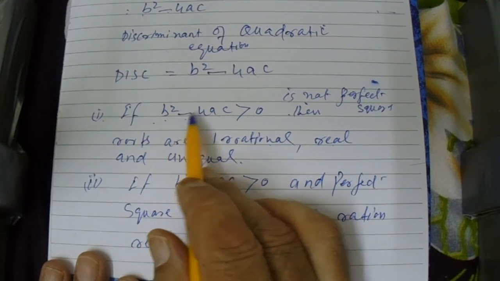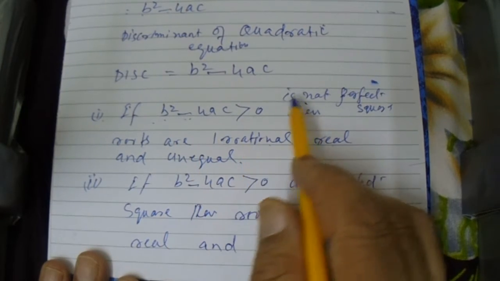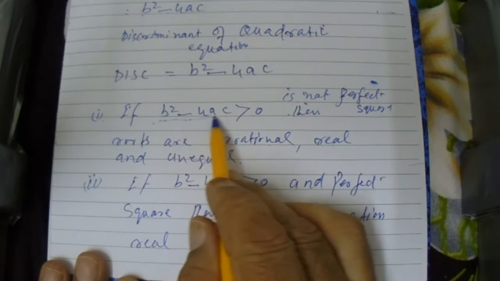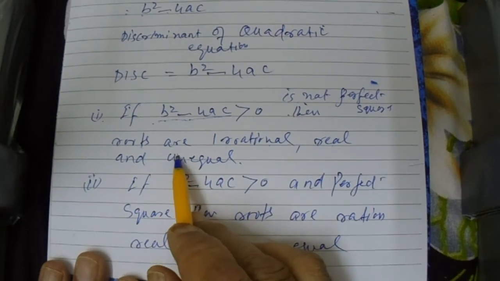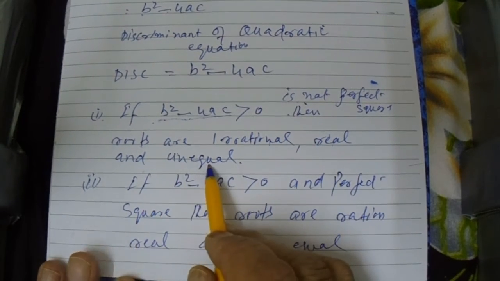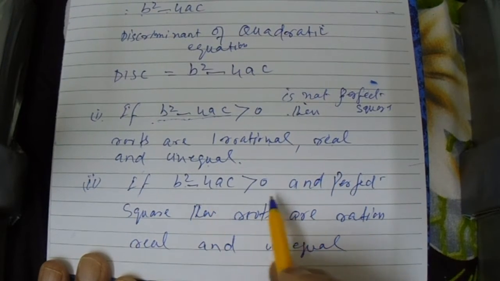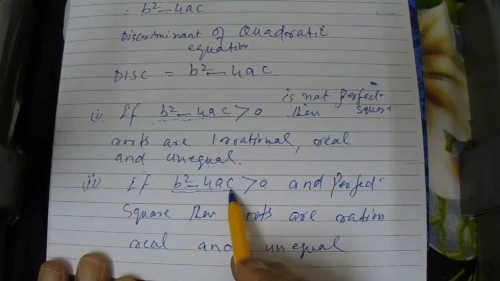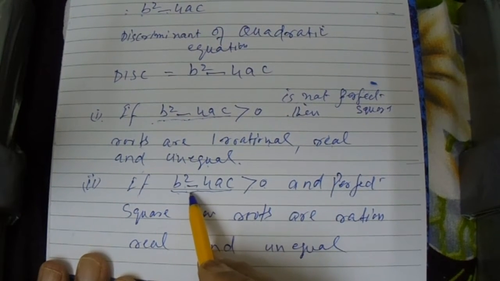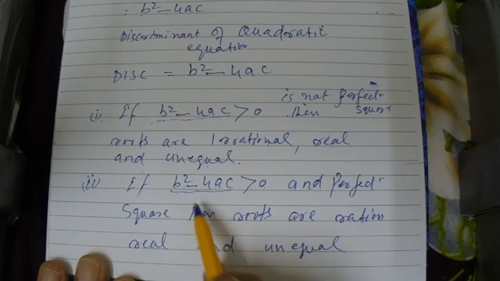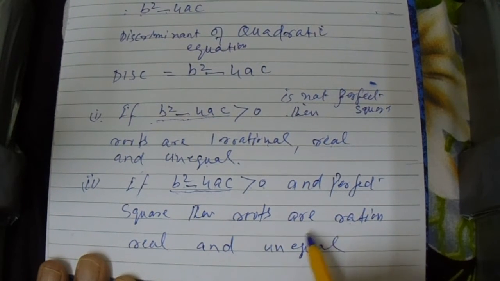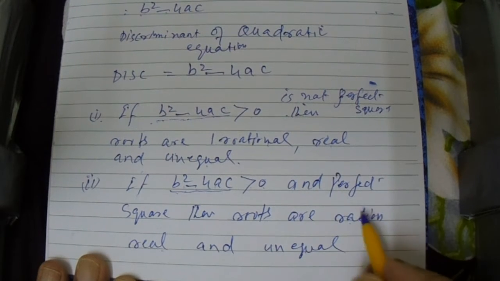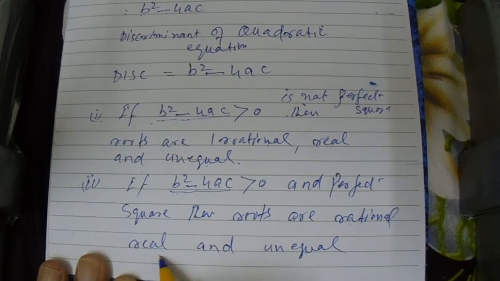If b square minus 4ac is greater than 0 and not a perfect square, then the roots are irrational, real and unequal. If b square minus 4ac is greater than 0 and a perfect square, it means if we solve this and we get the square of some number, it will be a perfect square. Then the roots are rational, real and unequal.